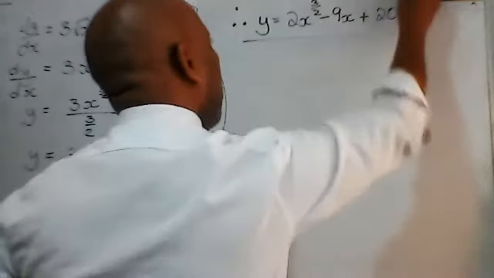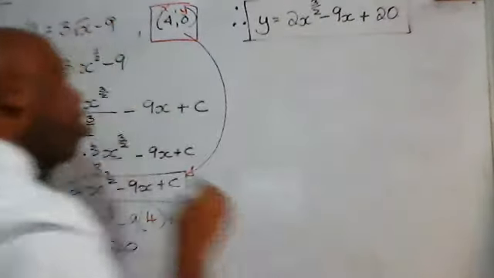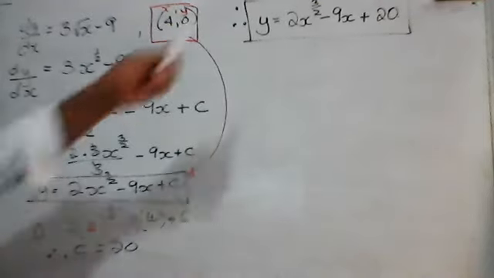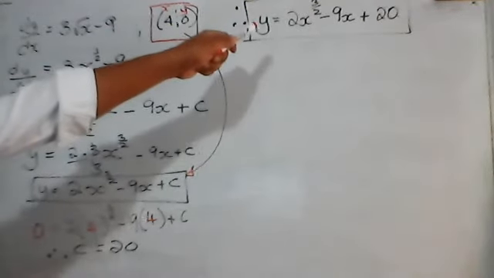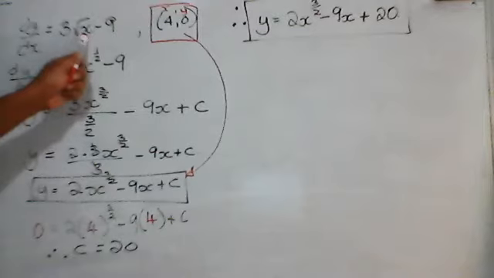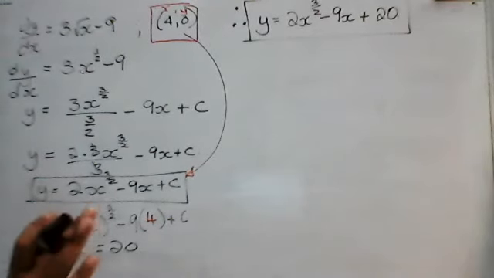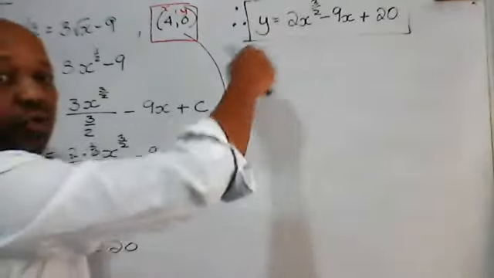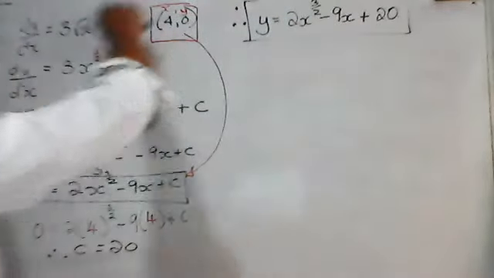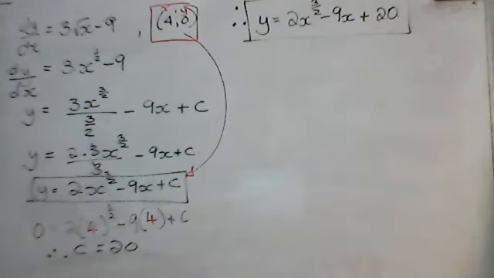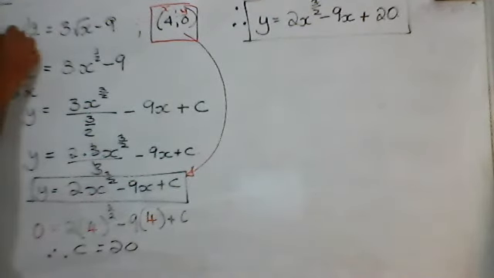And there you have it, folks. This is the equation of the curve that was differentiated to get that general solution there. If not sure about anything, you can try and differentiate this and see if you get that equation on the other side. So this was part 1 of the question.